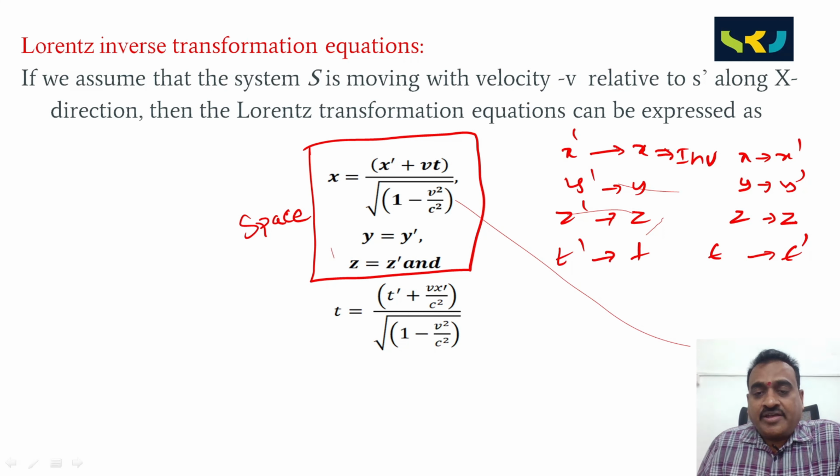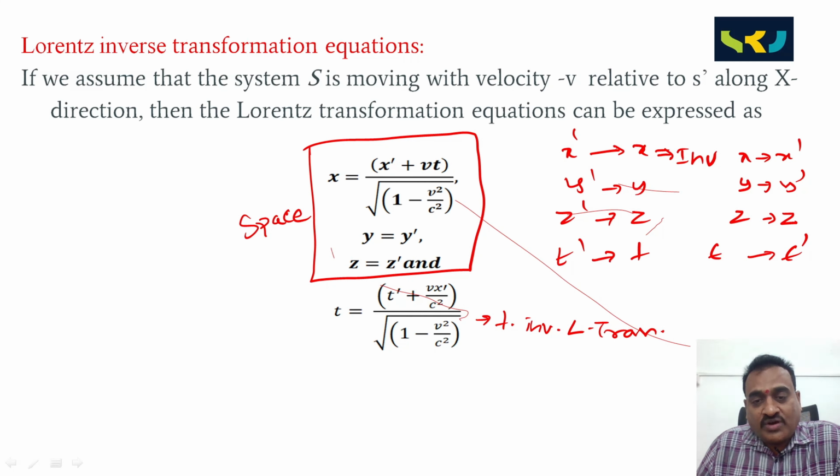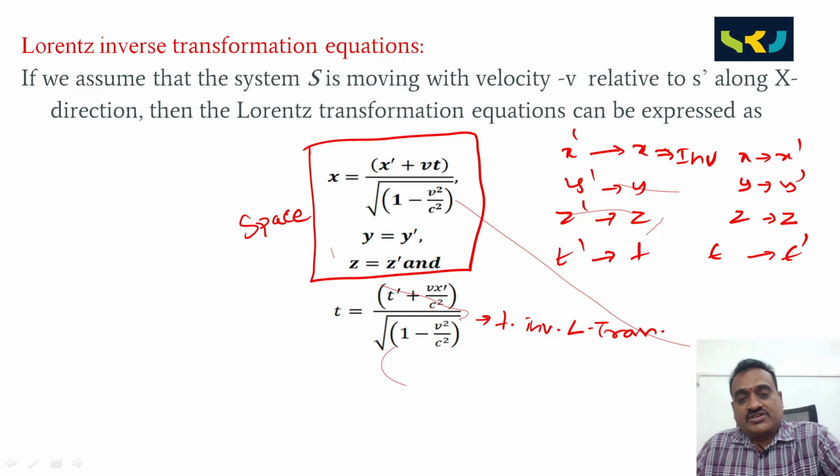And the time inverse Lorentz transformation equation is t is equal to t dash plus vx dash by c square by root of 1 minus v square by c square. So these equations are known as Lorentz inverse transformation equations.